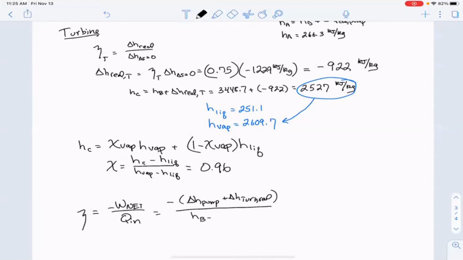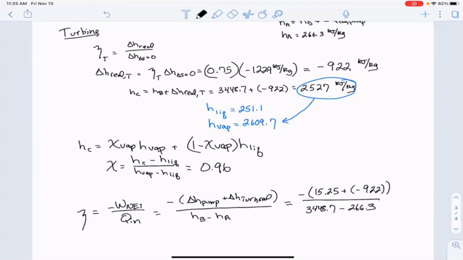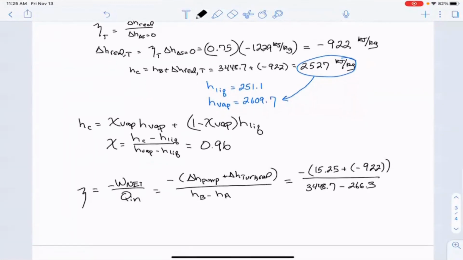So that's the enthalpy of B minus the enthalpy of A, because I didn't calculate Q boiler directly here. And that's equal to minus, this was 15.25 when we did that calculation, and this was minus 922 kilojoules per kilogram, divided by the enthalpy at B, which was 3448.7 minus 266.3. And of course, all of those are in kilojoules per kilogram. And that gives us an efficiency equal to 28%.